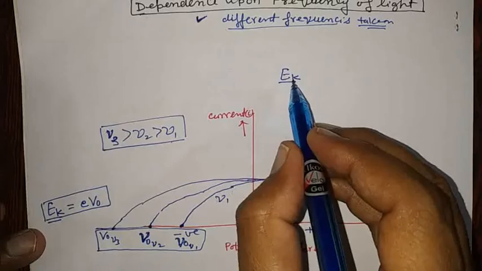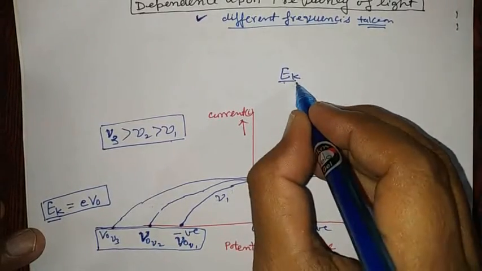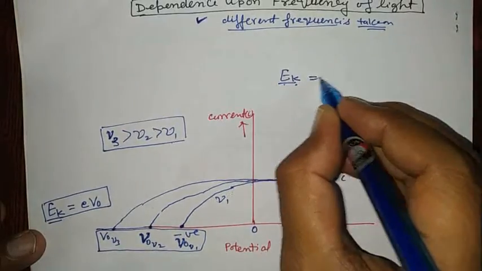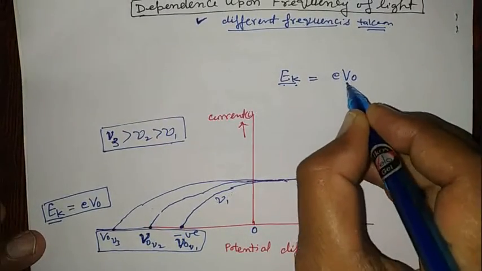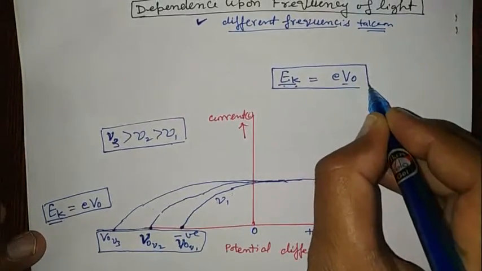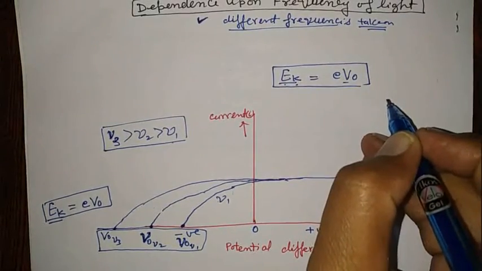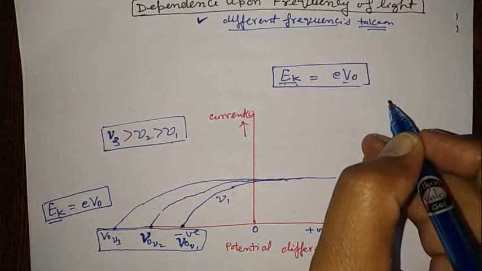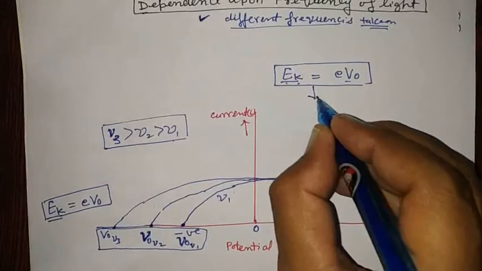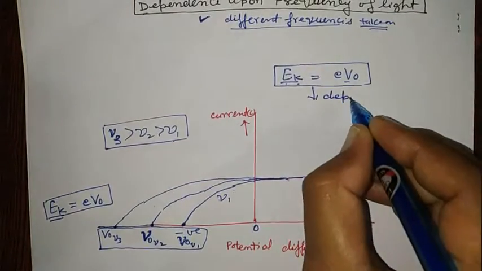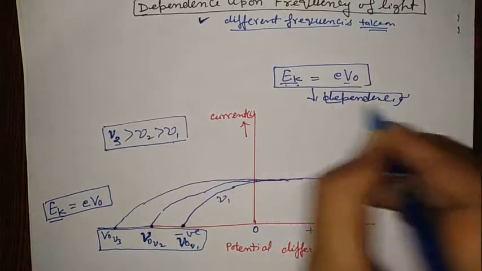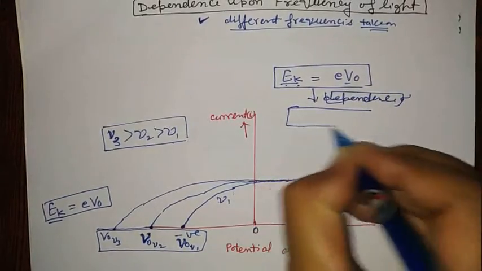So we may write this E_K, the kinetic energy of the fastest photoelectron, which is equal to eV0, directly linked with the stopping potential, which is also called the cutoff potential, which is dependent on, see very carefully, the frequency of incident light.